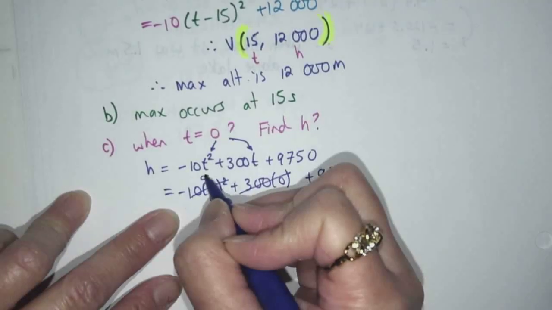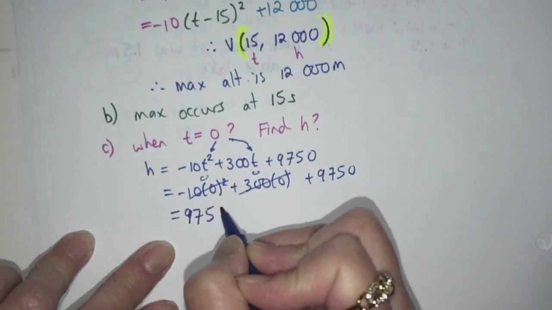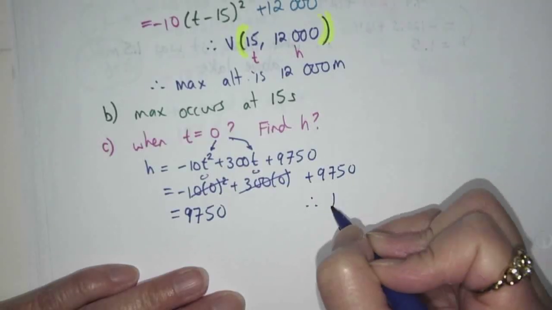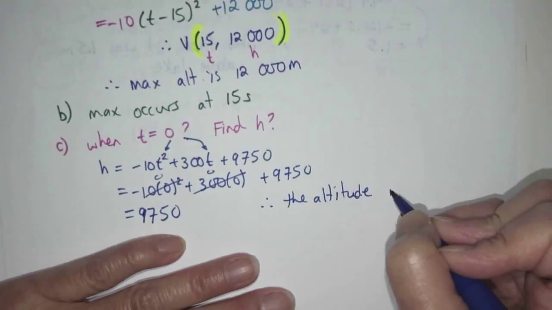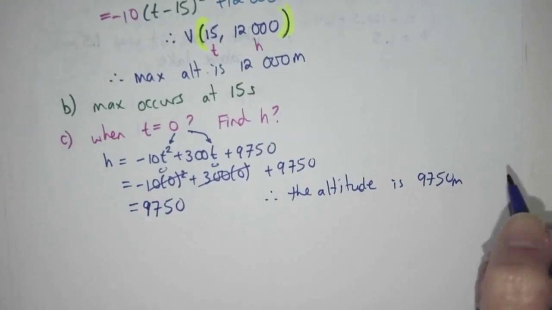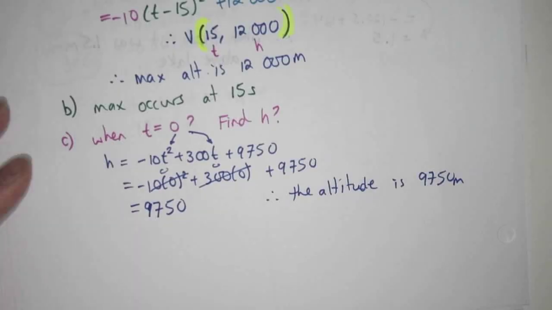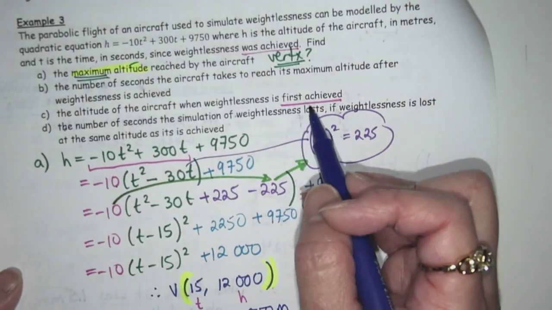That goes to 0, that goes to 0. And so we're going to get 9750. So therefore, the altitude is 9,750 meters. That's it. We had to find h when t equals 0. And that's the reason why, you might go, I don't know, when it was first achieved.